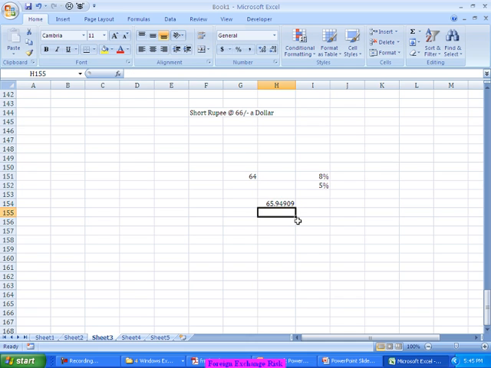But if I am going with a discrete compounding, 64 into 1 plus domestic R into T divided by 1 plus foreign R into T, because we are talking of 1 year itself, 65.82.